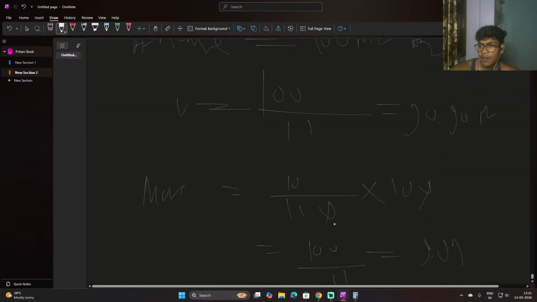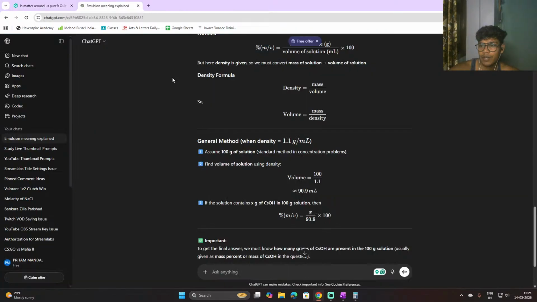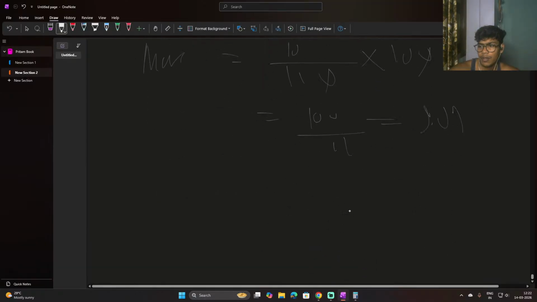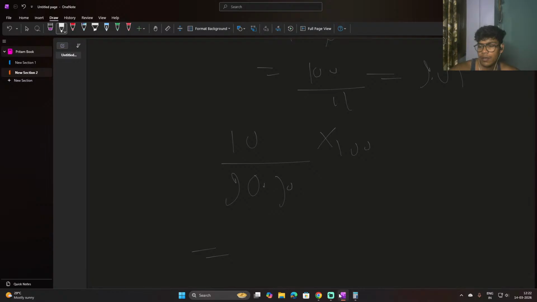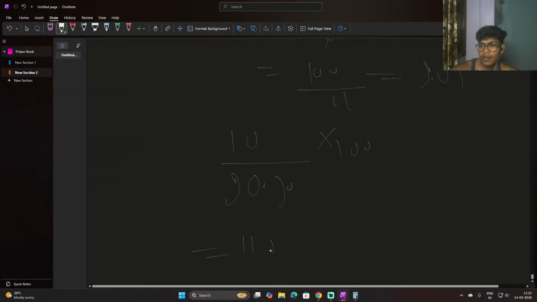So what we find out here, we have to use this. But this is the volume, right? How do we use it? Volume and density. Oh okay, we will use it here, not this volume. So 10 divided by 90.90 into 100. Got that now? Yes. Now calculate it. If you take 1000 divided by 90.90, then you will get 11.00.